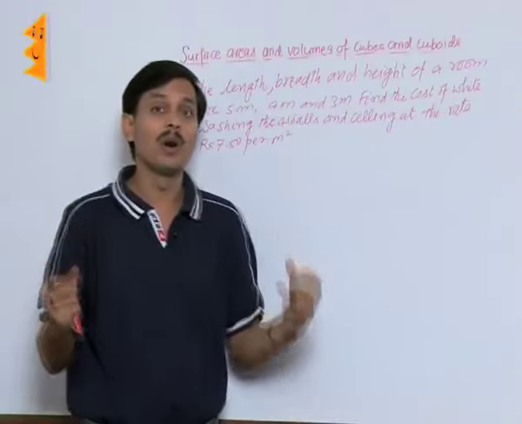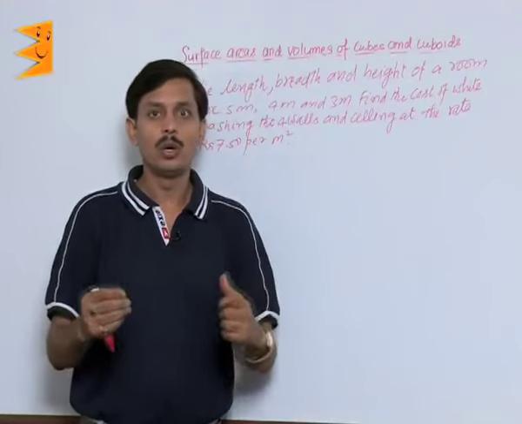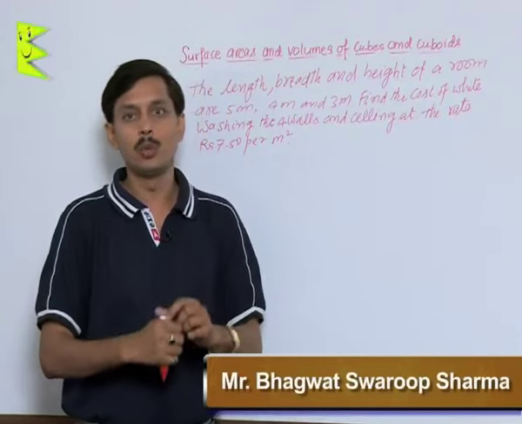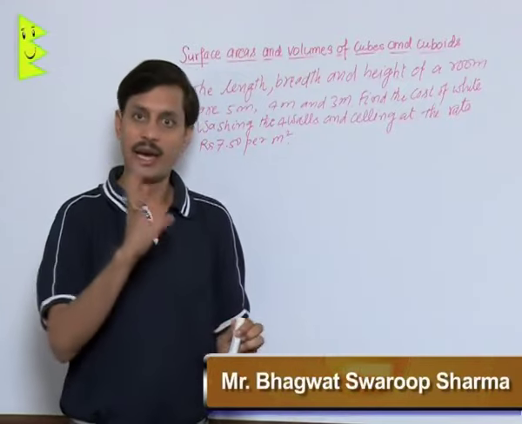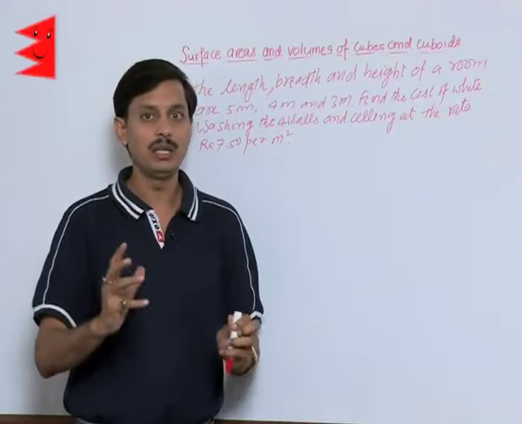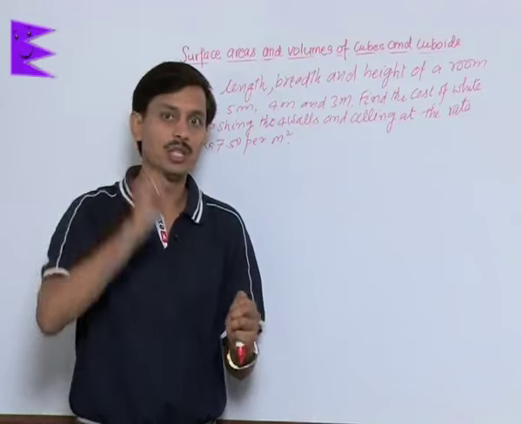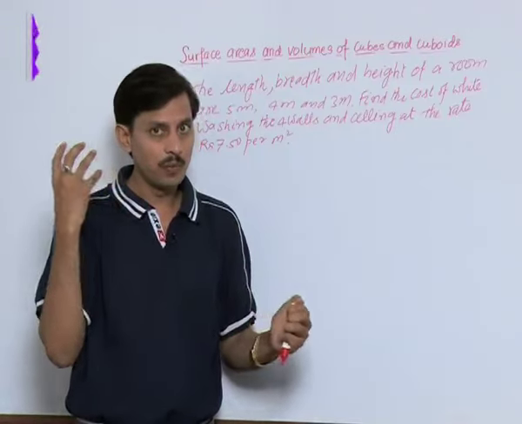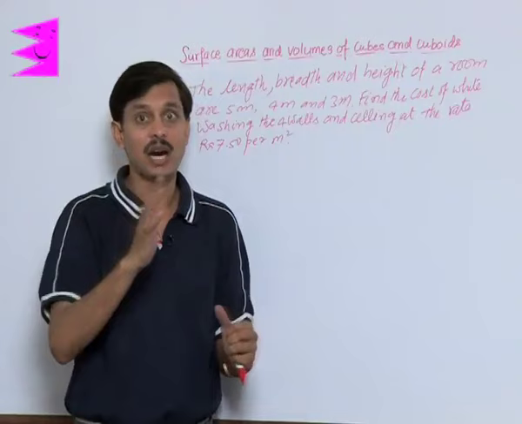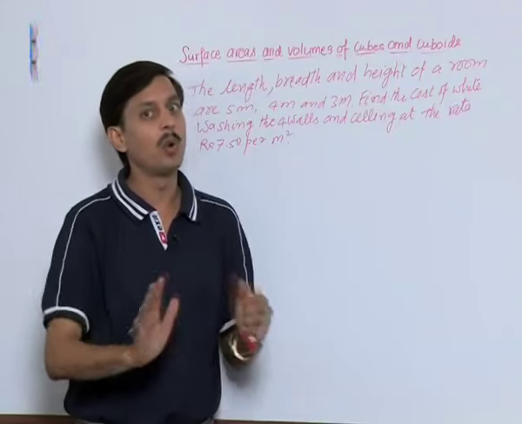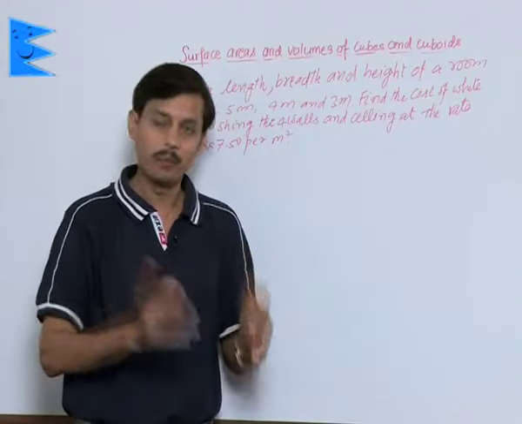First of all, we should know what area is to be painted. As clearly given in the question, all 4 walls including the ceiling, these 5 surfaces, are to be painted; the floor need not be painted.